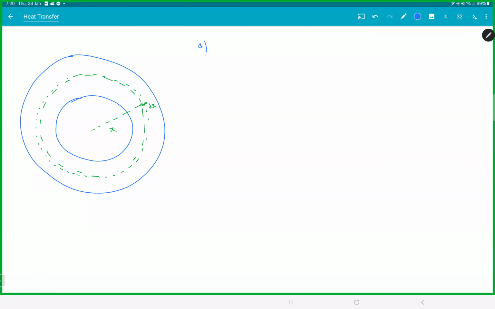So for the first part, dR length will be dx by k. Area will be 4 pi x square, the surface area. All these things are in series. So R thermal will be 1 by 4 pi k integral dx by x square. Limits will go from a to 2a. That will be minus 1 by a. So this is 1 by 8 pi ka.